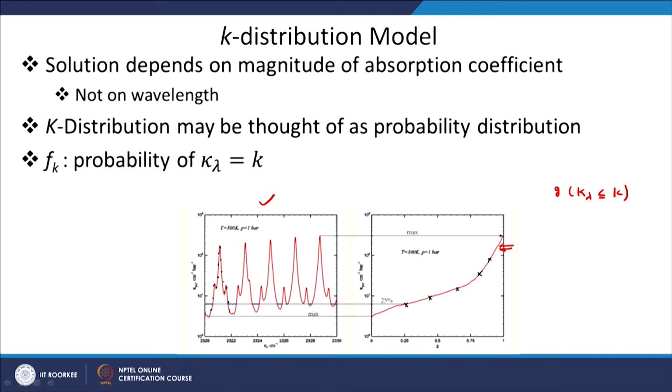All we have to do is map the spectrum into a smooth function, solve the radiative transfer equation over few points on this curve, and then integrate the intensity as simply Ig dg from 0 to 1, or using quadrature we can write I is equal to the sum from i equals 1 to n of Wi Igi, where Wi and Igi are the weights and intensity at selected quadrature points on this curve.